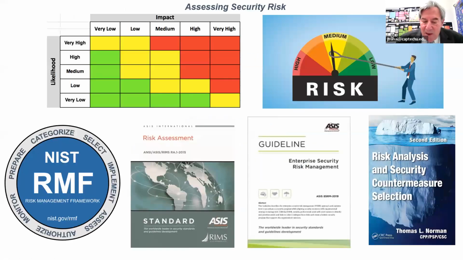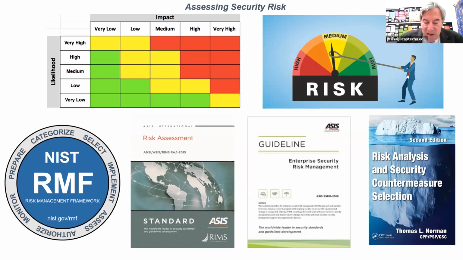The field of risk management is so significant that it has been codified in governments and industry trade associations, standards and guidelines. The US government's NIST, for example, has published the RMF framework. ASIS International has published 2 standards, one in 2015 and one in 2019.